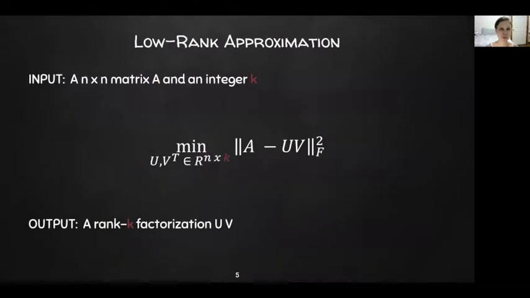We can write this more formally as the following optimization problem. We want to find matrices U and V of rank at most k such that their product is close to A in squared Frobenius norm. Recall, the squared Frobenius norm is just the sum of squares of the entries.